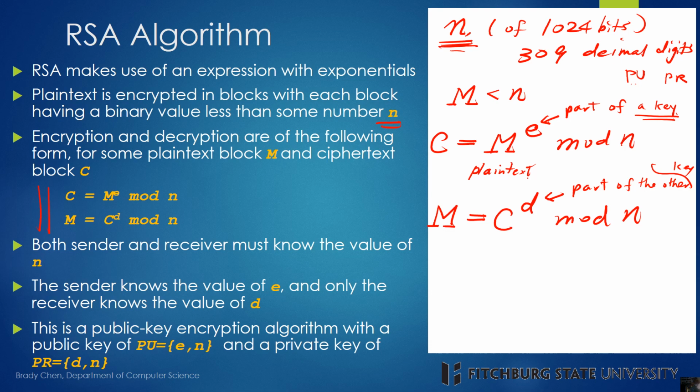We can calculate M to the E by computing M squared, taken mod N, and then raising it to the power E divided by 2, mod N. So we can reduce the size of the power.